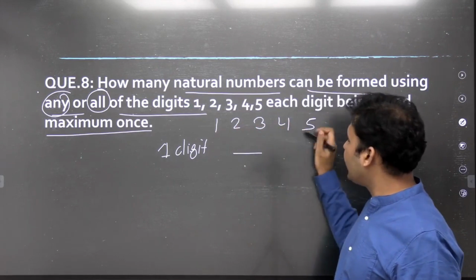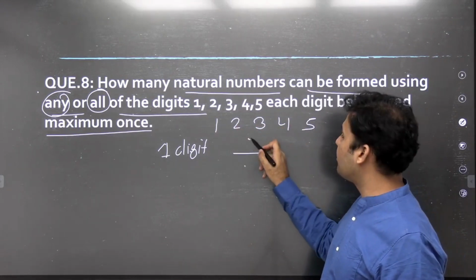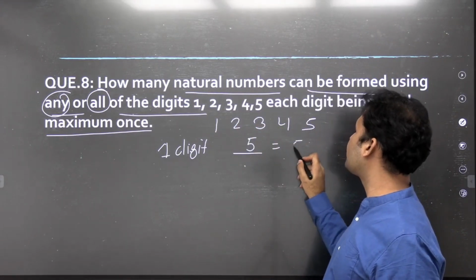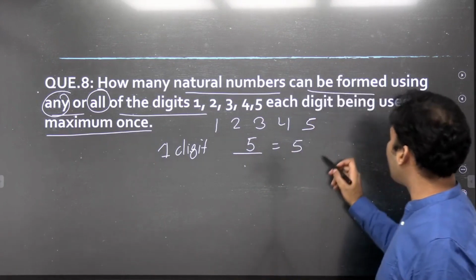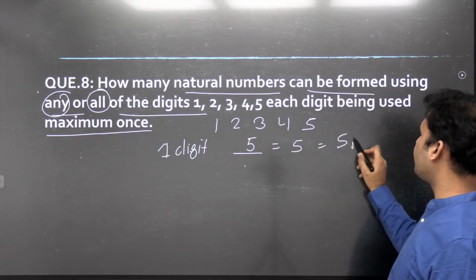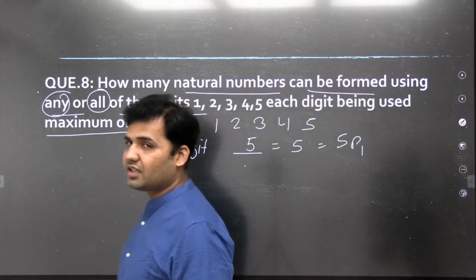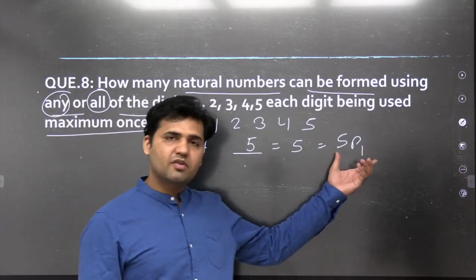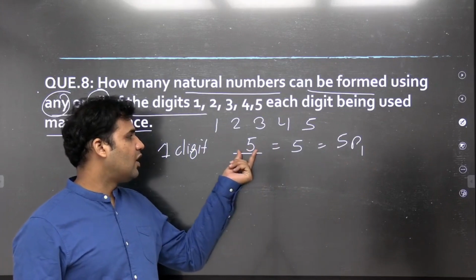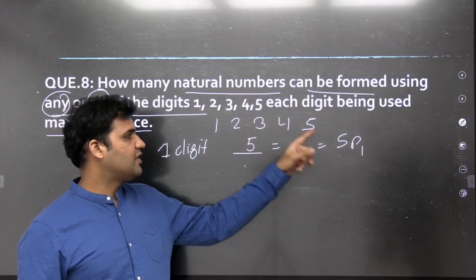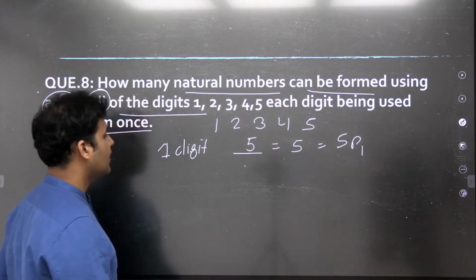So out of these 5 digits, any number can come over here. So I'll have 5 single digit numbers, which is the same as 5P1, guys. But again, I'm not insisting on this nPr formula. If you are comfortable with nPr, you can straight away use that concept also. Arrangement of one object out of 5 is 5P1, which is the same as 5.